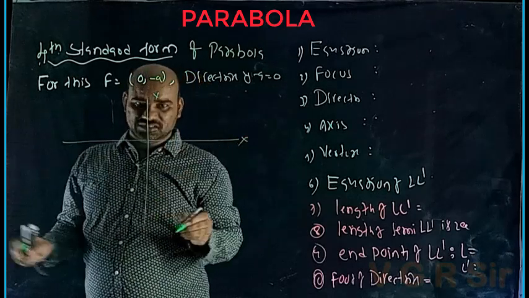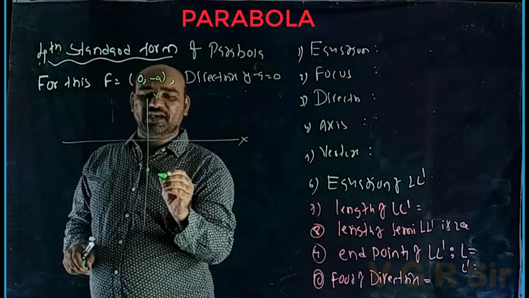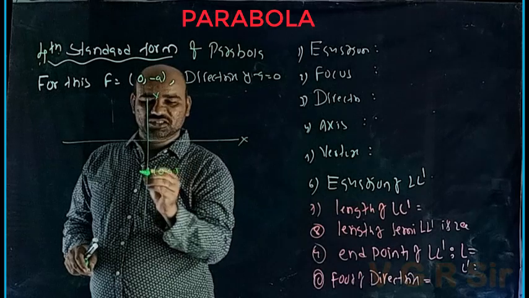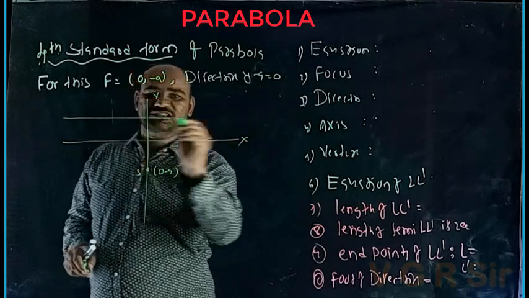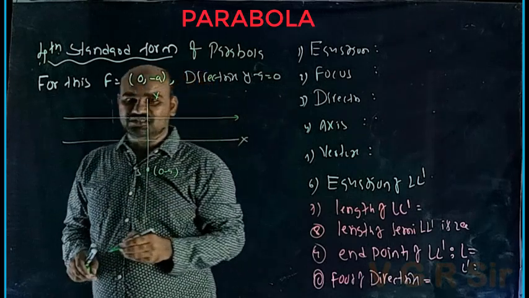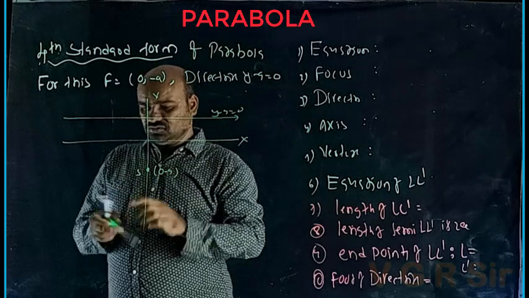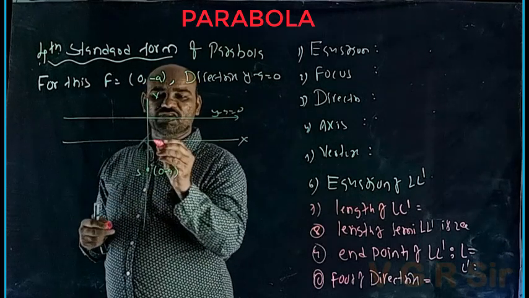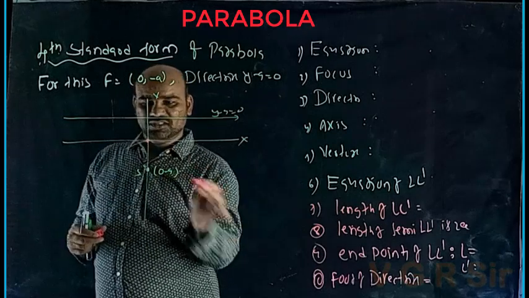X-axis, y-axis. 0 comma minus a on the negative y-axis, this is the focus. Directrix y equal to a is a line parallel to the x-axis, a units from the x-axis and above the x-axis. This is y minus a equal to 0. So clearly this is one of the points on the required locus. So the graph will be like this.